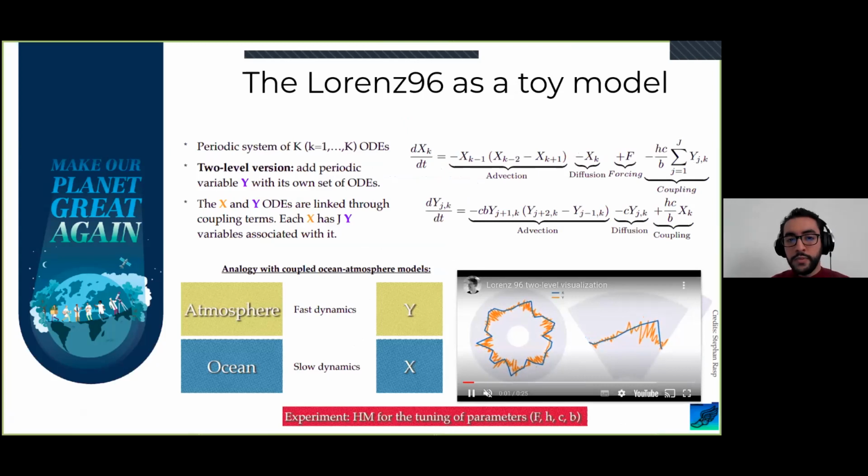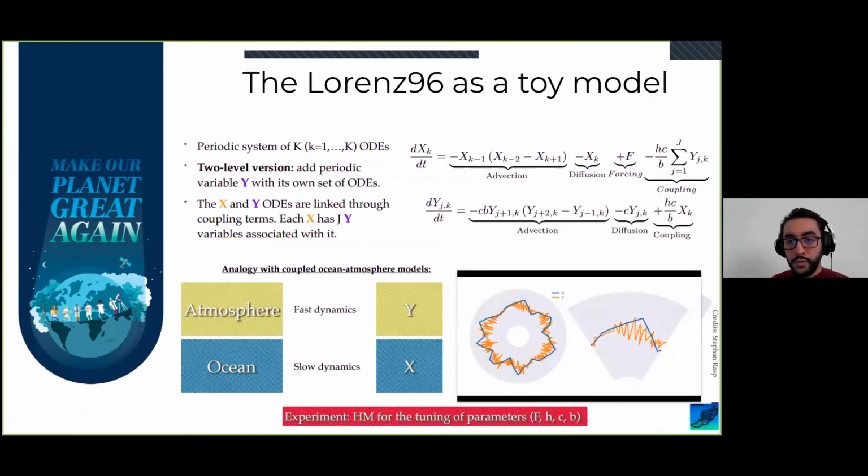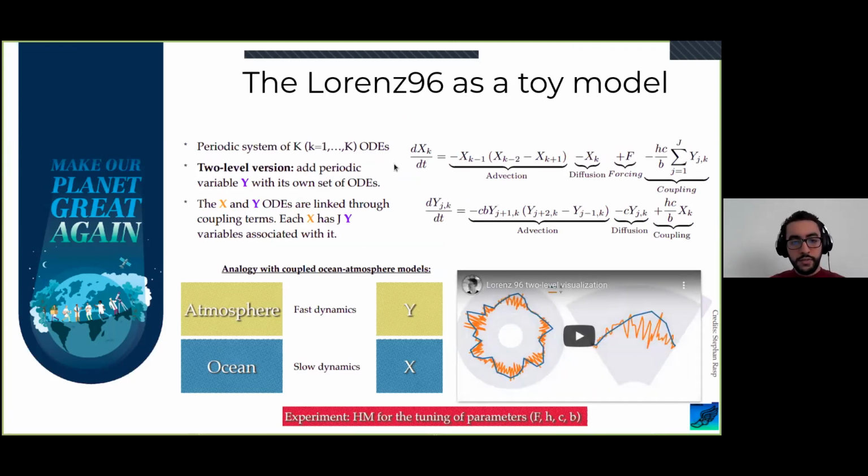So here I'll come to the L96 toy model. Since I cannot play directly with a big coupled model just to run experiments on the HM, I started with a toy model, which is quick and rapid, and I can play with it easily. So I took the L96 model, which is a periodic system of K ODEs, ordinary differential equations.